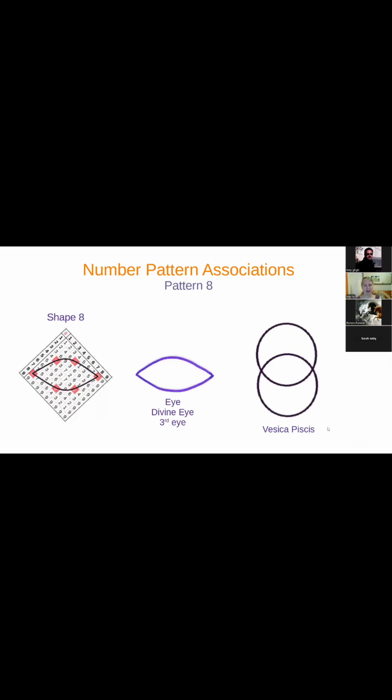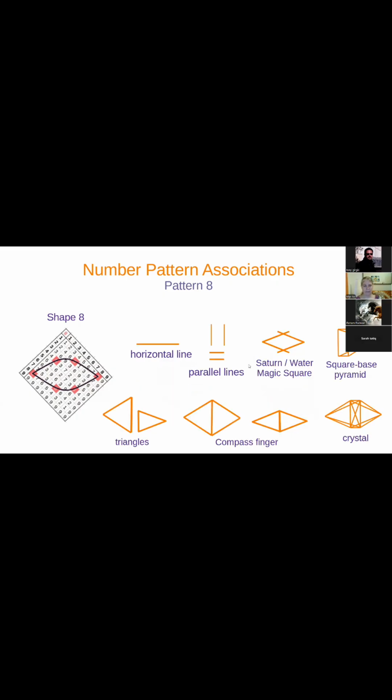Number pattern association of pattern 8 is the shape of an eye. Divine eye, third eye, again, the vesica piscis in a different orientation. Number 8 shows other shapes when connected by lines.